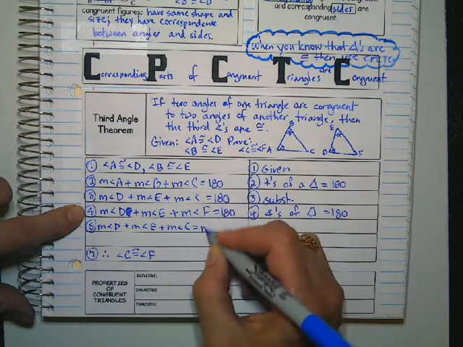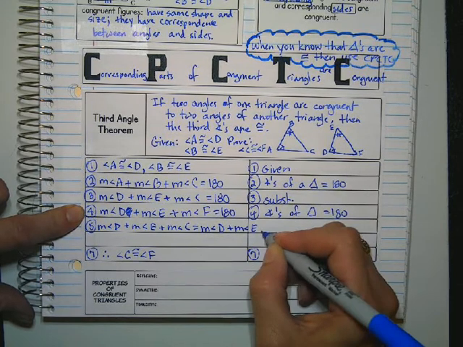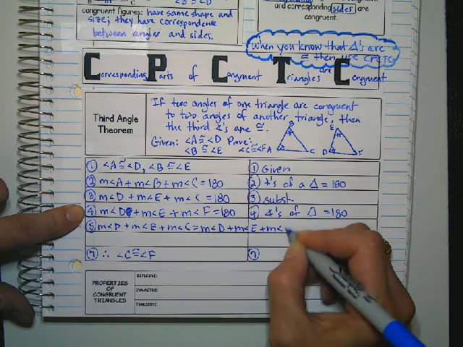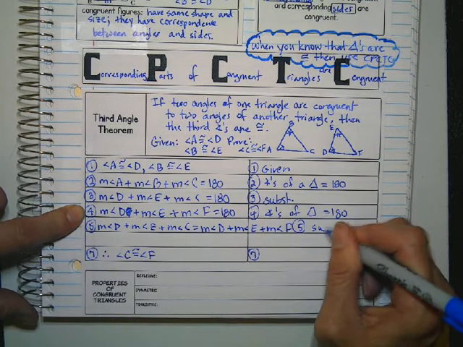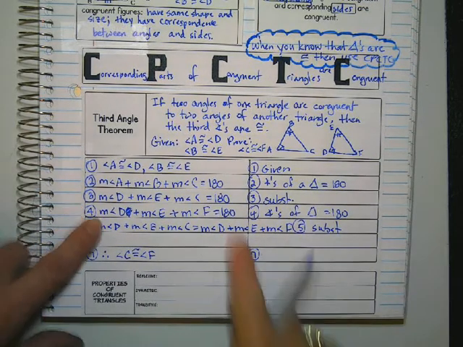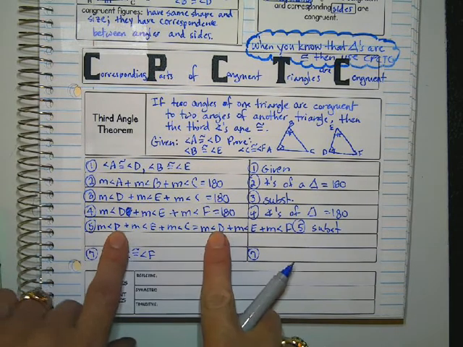Now, check this out. You've got D's on both sides, so we can subtract the D from both sides. We can subtract the E from both sides, and what that leaves is the measure of angle C equals the measure of angle F.